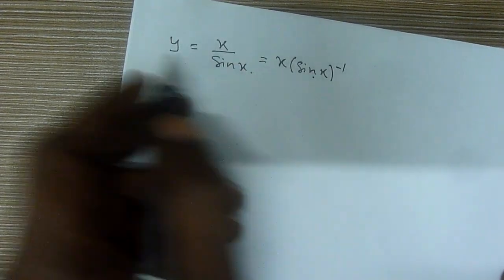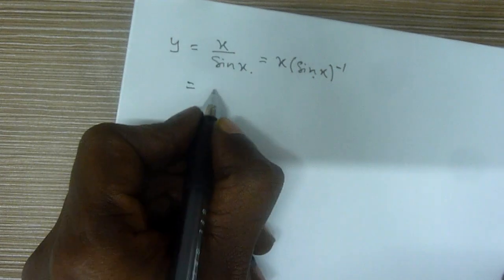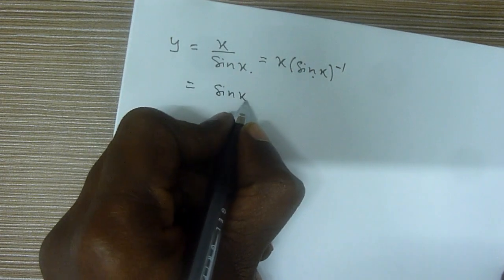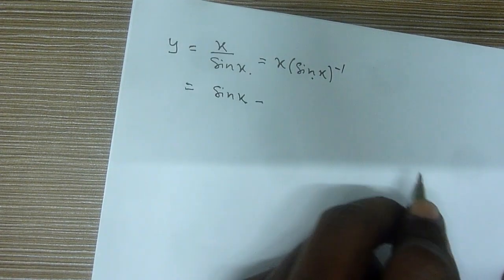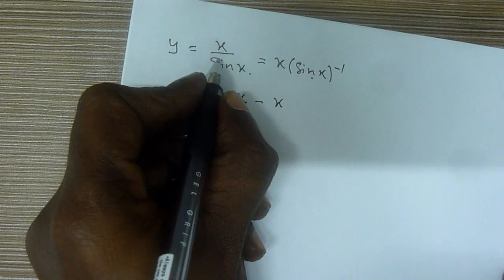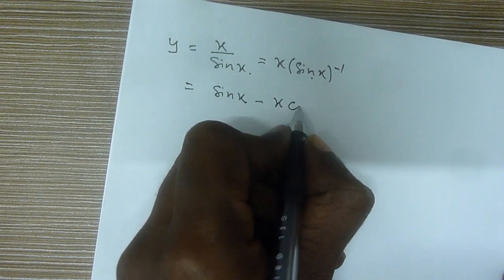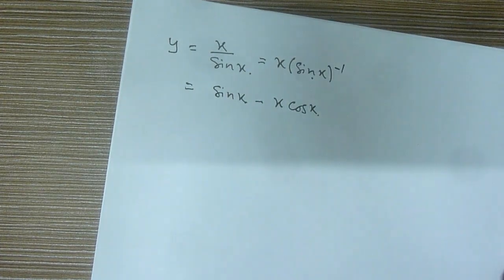Now, when we use the quotient rule, the first thing here, you need to differentiate this. Therefore, you get sin x minus, then the next thing you need to use x, leave it as x as a constant, and you need to change the cos x here.